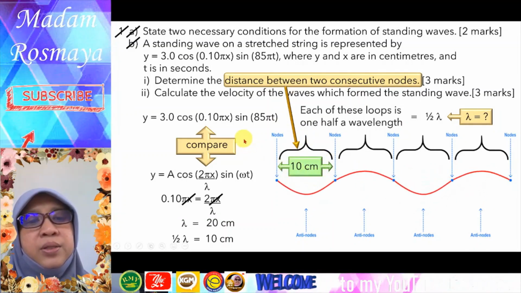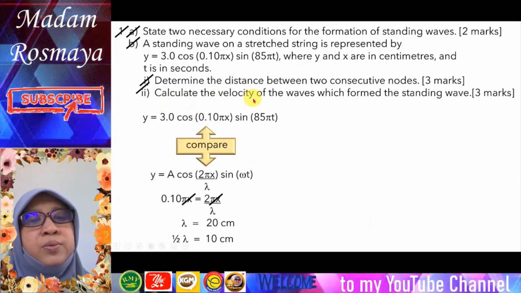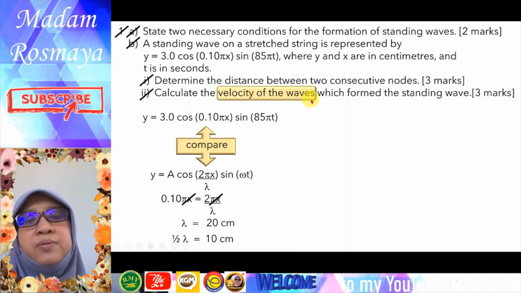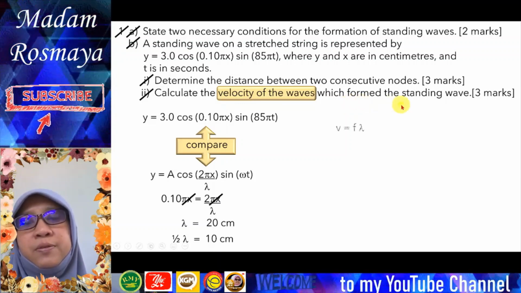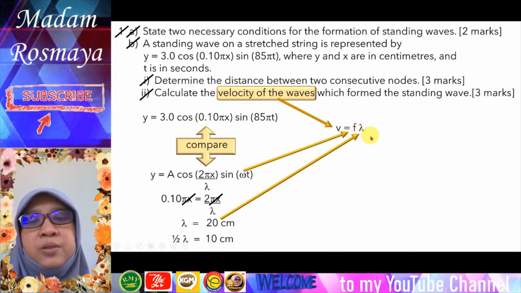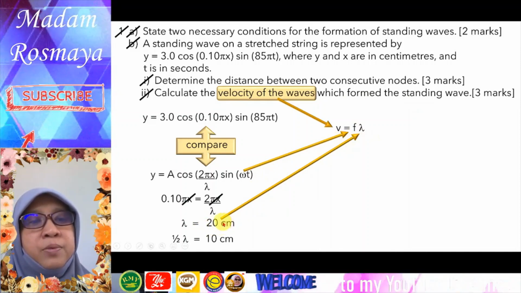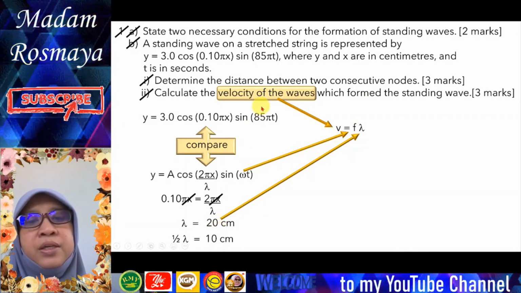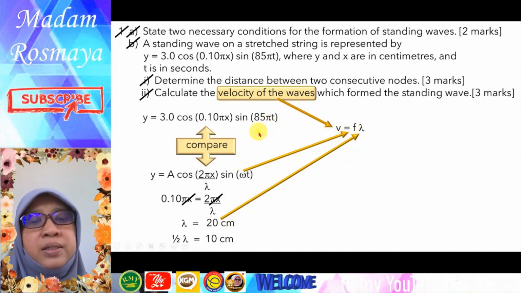Okay, next we do question 2. We are going to calculate the velocity of the waves which form the standing wave. So we use v equals f lambda, because lambda was calculated from question 1. V is what we are going to determine, and the frequency we can get using this relationship.